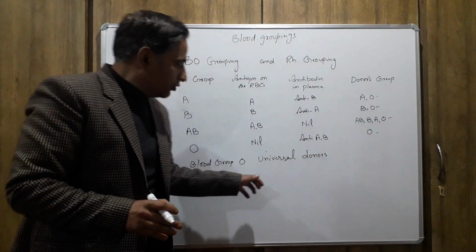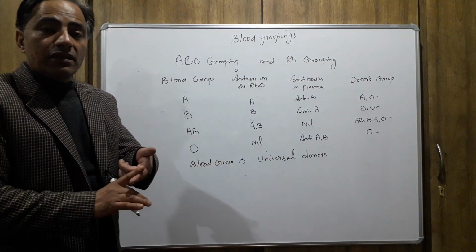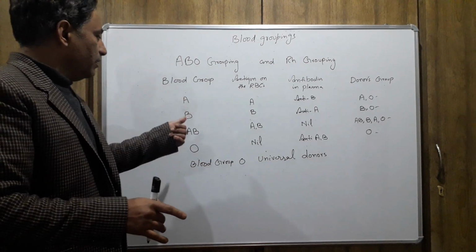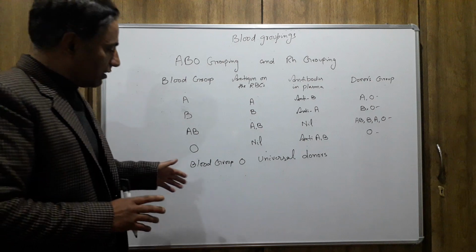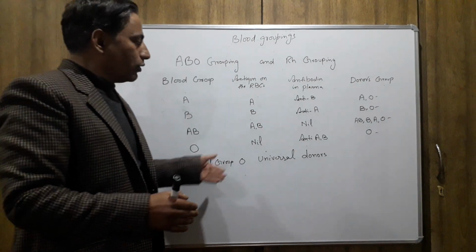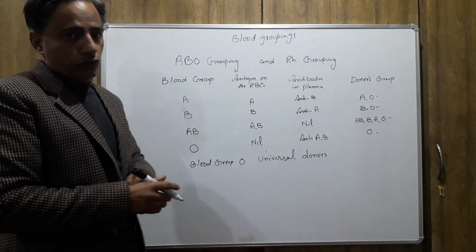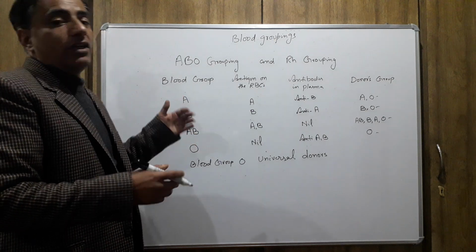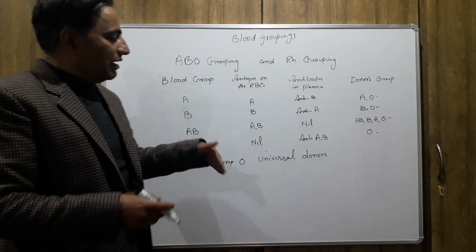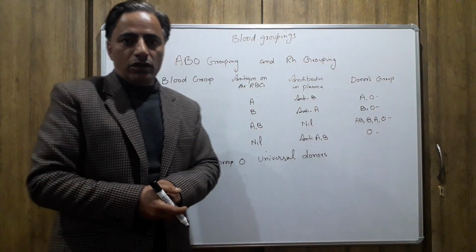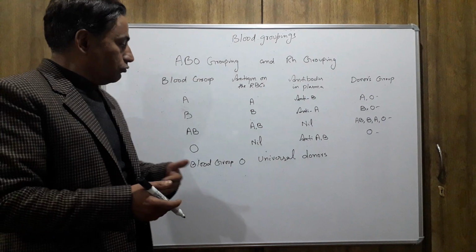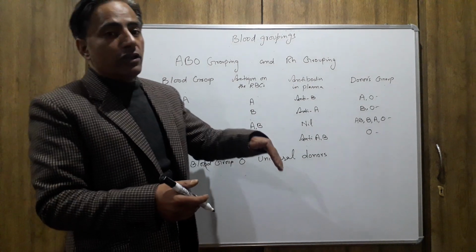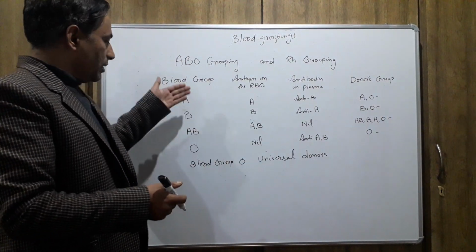That means persons who have the blood group O can donate their blood to any individual who has the blood groups A, B or O. That's why the persons who have the blood group O can donate their blood to any individual who may have one of the four blood groups. That's why blood group O is considered to be the universal donor, because their blood can be transfused to any of the individuals having one of the four blood groups.